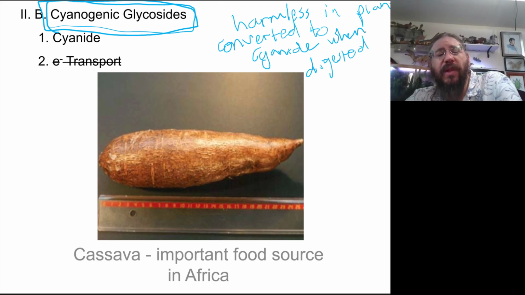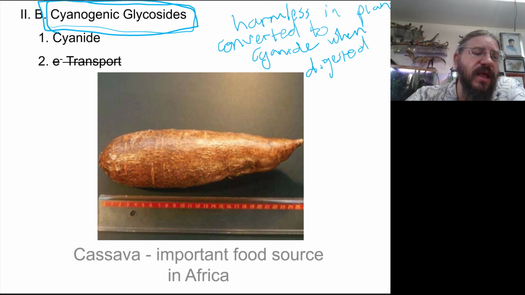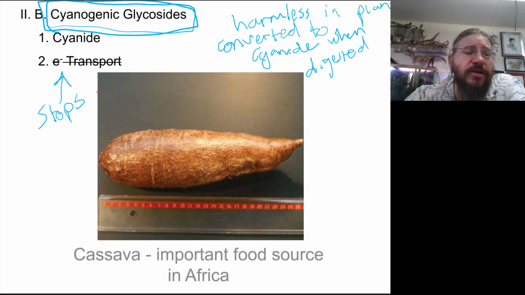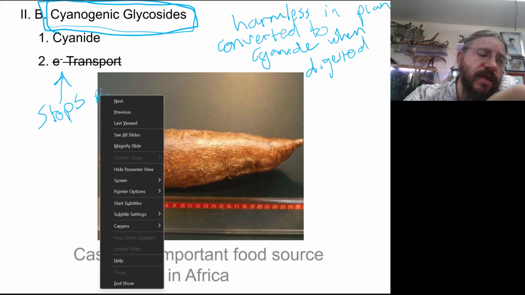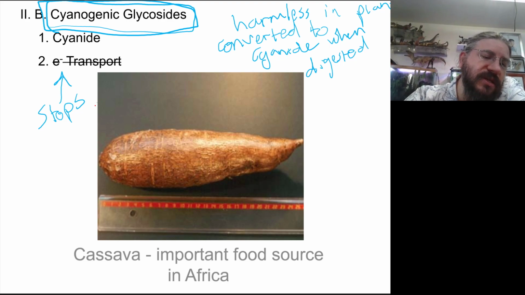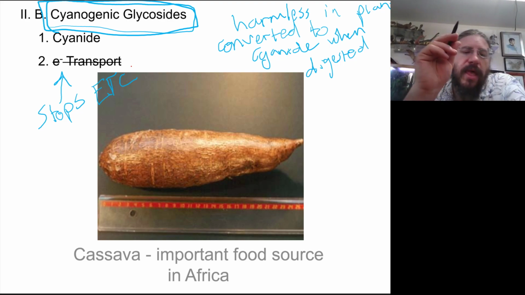That's a pretty hardcore plant defense chemical. Cyanide inhibits electron transport. And if it inhibits electron transport, then it also stops the electron transport chain.